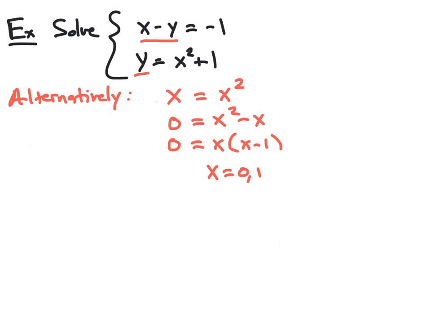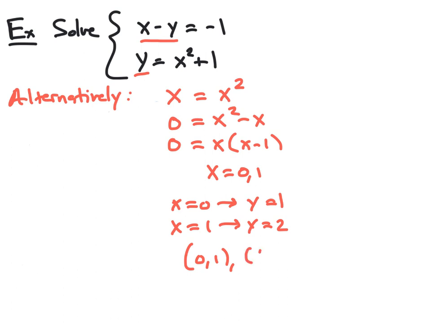We can now go back and substitute these into one of the original equations and see that when x is 0, y is going to be 1, and when x is 1, y will be 2. And therefore, we obtained the exact same solutions that we did previously, (0, 1) and (1, 2). So as this strategy shows, this particular example can be solved using substitution or elimination.